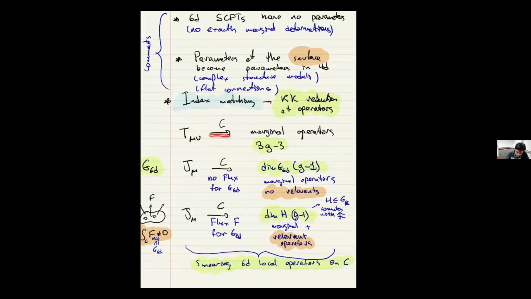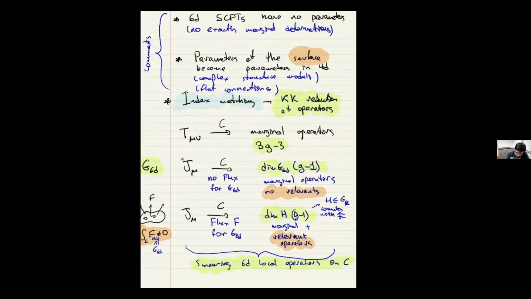Smearing the stress energy tensor or components of it on the Riemann surface, one can show that this gives rise to 3G minus 3 exactly marginal operators in 4 dimensions. And these are exactly the ones which correspond to the complex structure moduli that I mentioned.